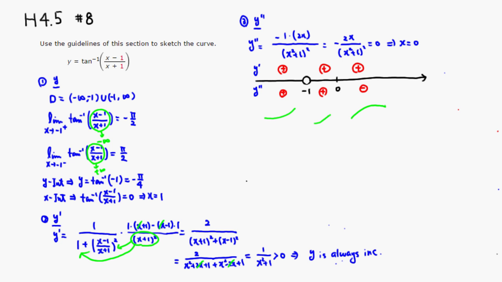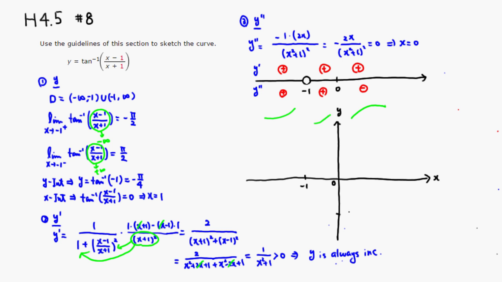And here's the x-axis, and here's the y-axis, right where x equals 0, right here, and x equals 0 here. Alright, so let's look at x equals negative 1, so right here. The graph is heading toward, if you're coming from the positive side, negative pi over 2.